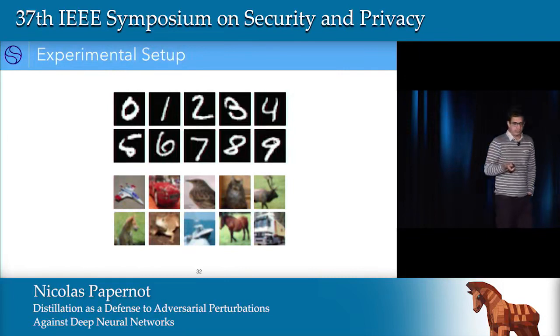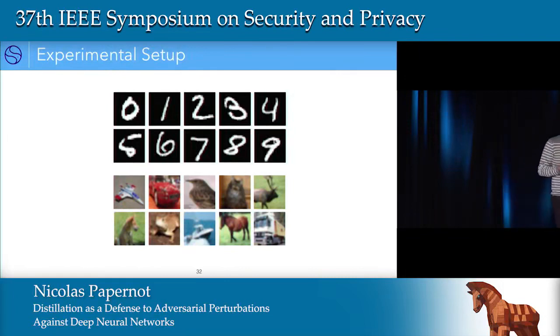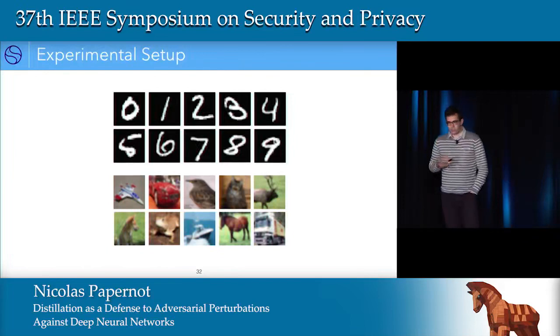And the second data set is a data set of color images with objects and animals. On both of these data sets, we trained state-of-the-art or close to state-of-the-art architectures using convolutional layers, rectified linear units, and the softmax.